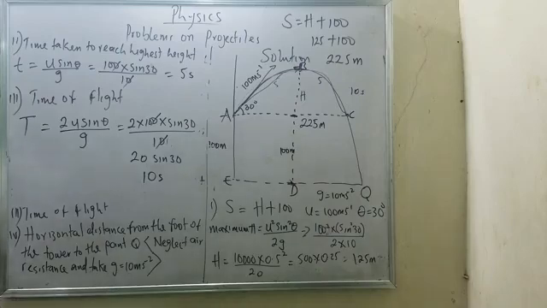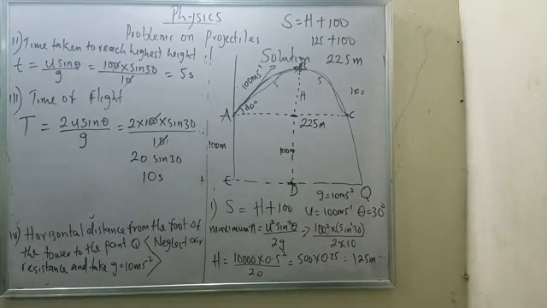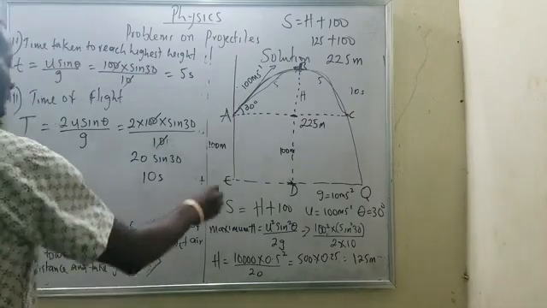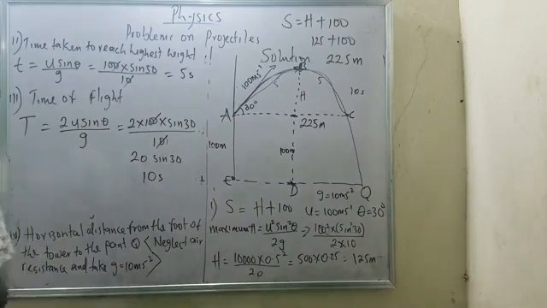Now, that is very important. Now, the last question: the horizontal distance from the foot of the tower to the point Q. It means I'm looking at the whole system. Now, how will I go for this one?